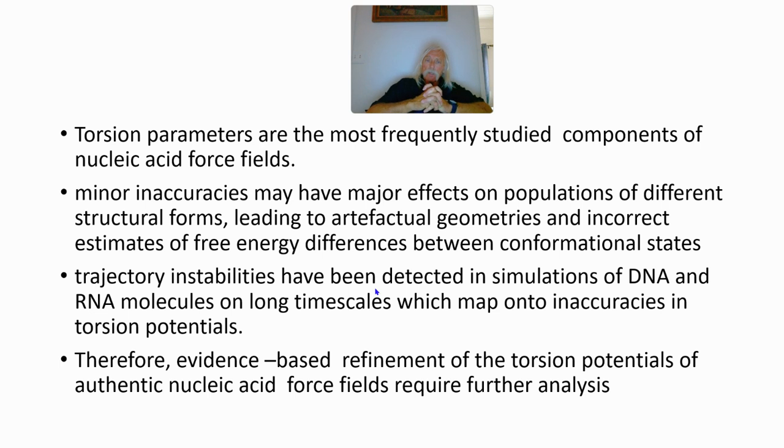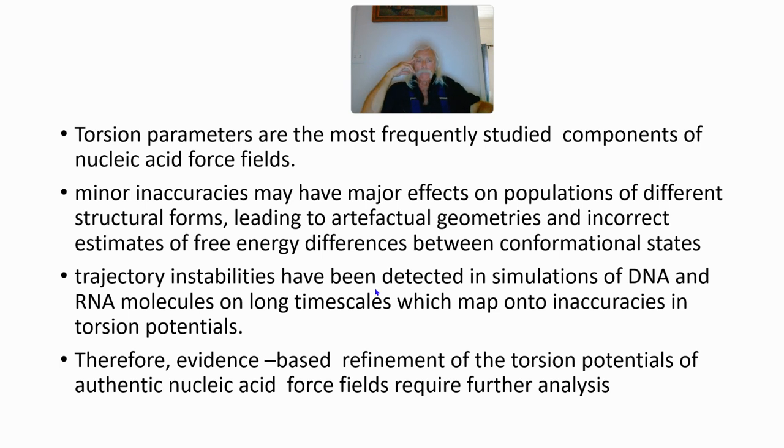Right? So when you have something that's actually occurring in time, those slight instabilities, those slight inaccuracies will give you huge inaccuracies in the actual torsion angle distribution, which can make your data no longer evidential.